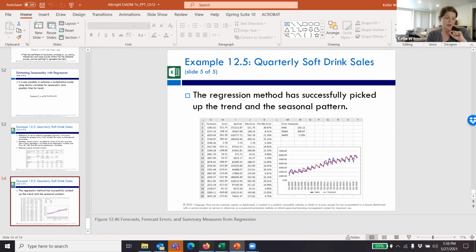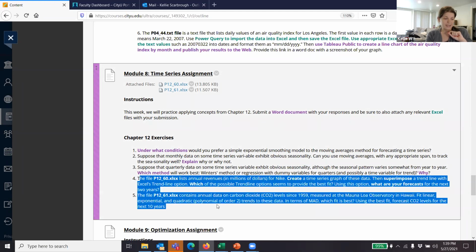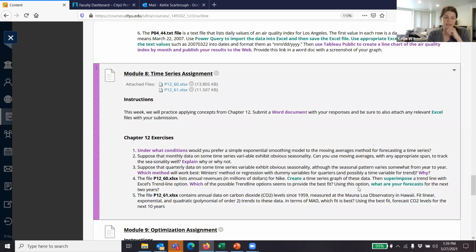So if you look at the homework for this week, there's some conceptual questions, and then you're going to take some data and create a time series graph, and then just add a trend line and figure out which trend line is best suited for that data by eyeballing it, and then also by looking at the R-squared values.